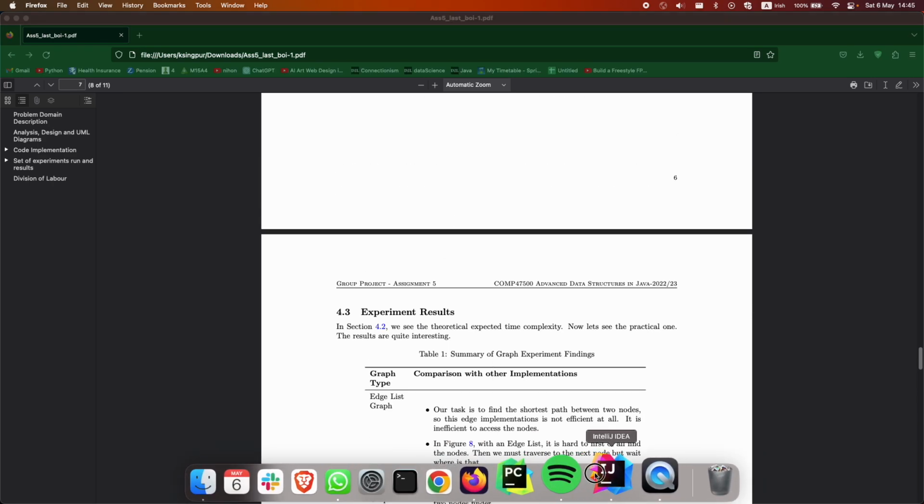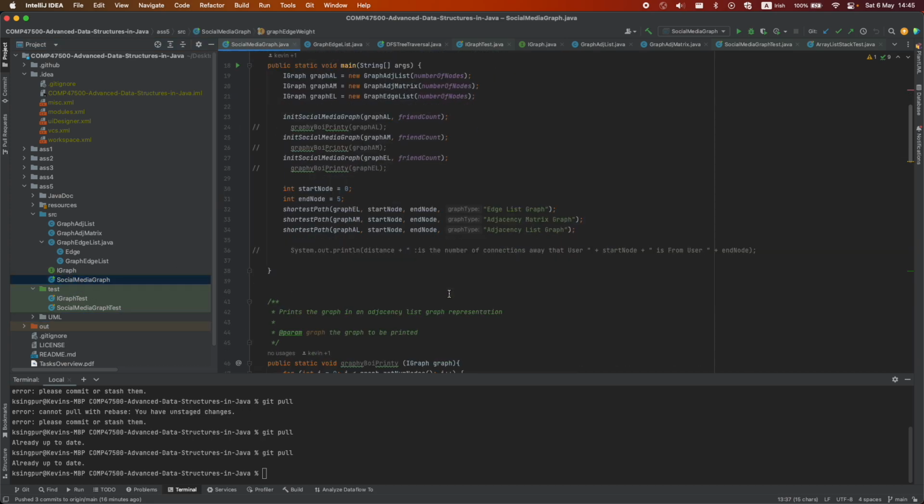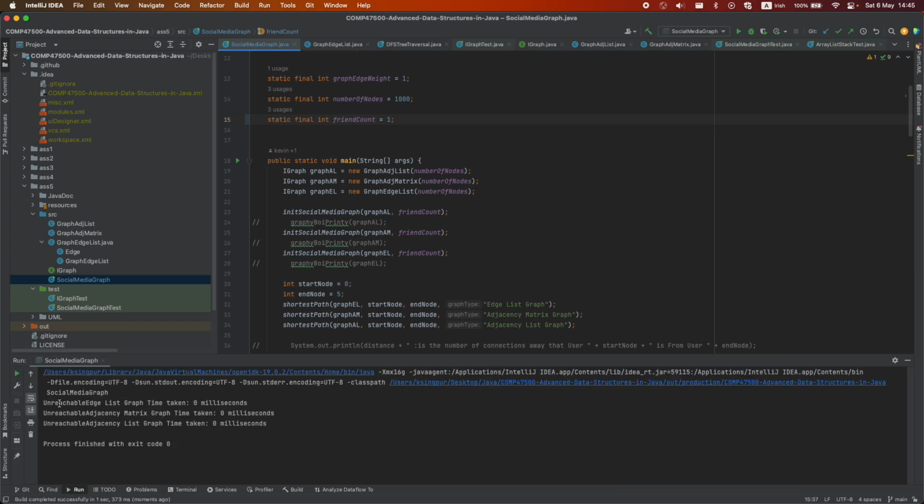So if we go back to our solution, we will find that, let's say we make the number of friends 1. We won't actually find the destination node because not enough people are around. So in this case, we have 300 friends and 1,000 users. And this is the amount of time it takes.